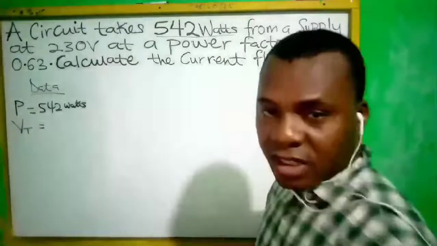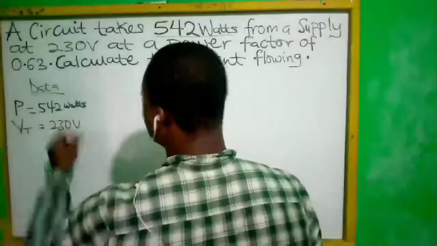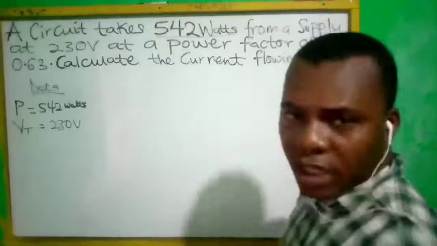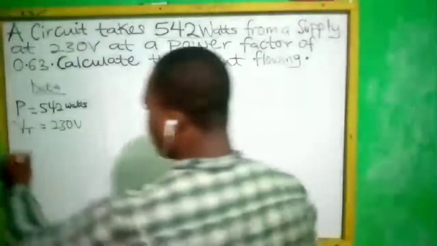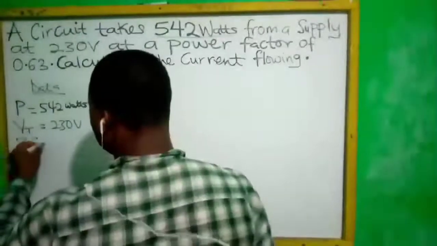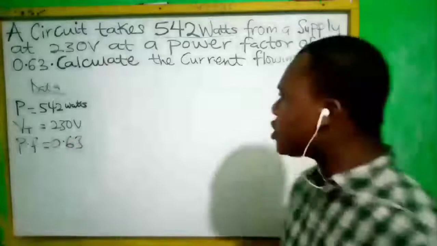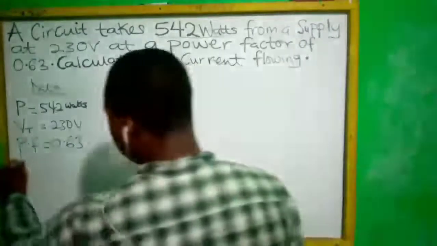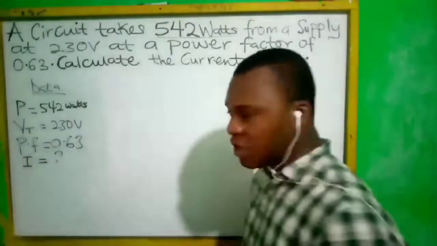We can make it VT or VS, which is 230 volts. And the question also has within it a power factor of 0.63. So we have the power factor of 0.63. All right, so the question is asking us to calculate the current flowing. So the current flowing is unknown. We put a question mark here.